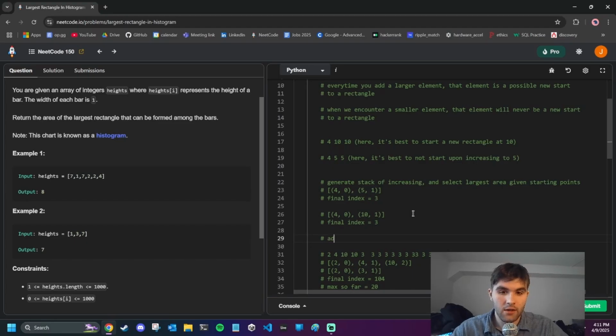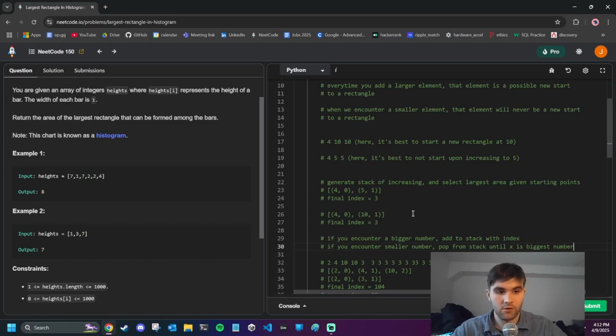So, all right. If you encounter a bigger number, add to stack with index. If you encounter a smaller number, pop from stack until x is the biggest number.